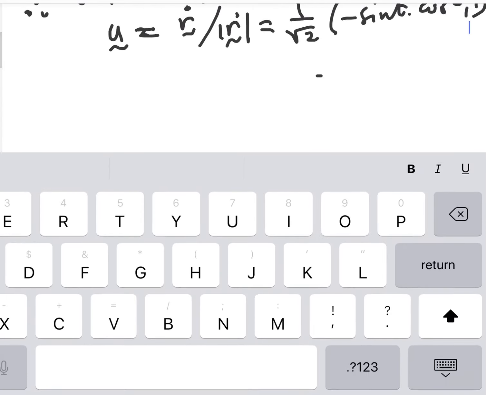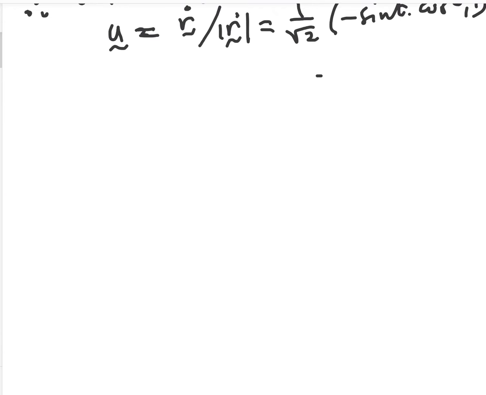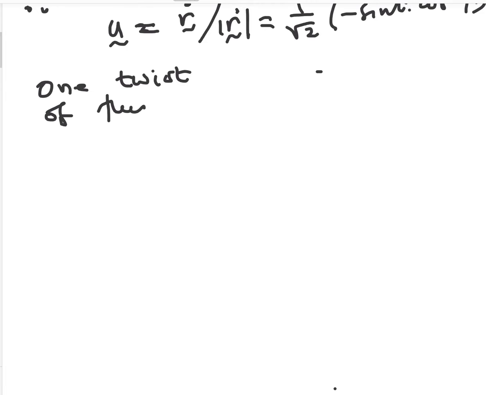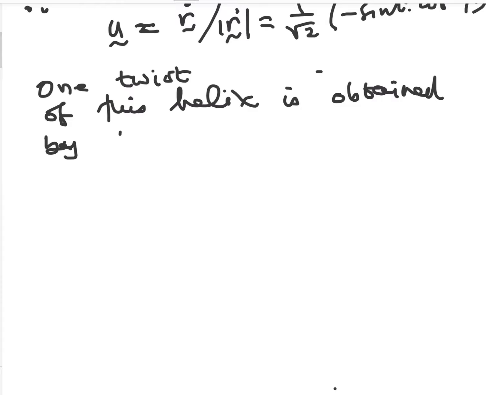So one twist of this helix, which is the helix we sketched there, is obtained between, say, t equal to 0 and t equal to 2 pi.